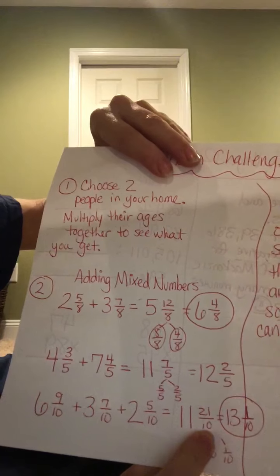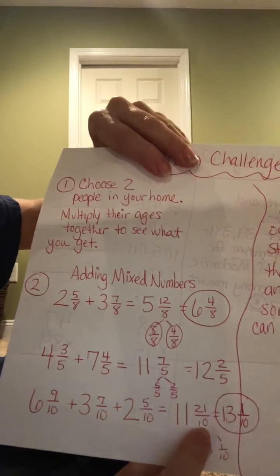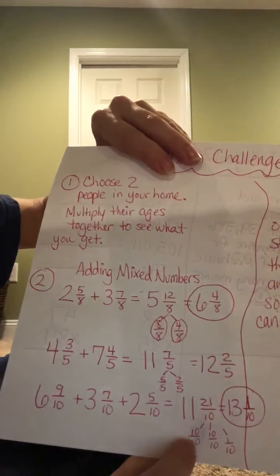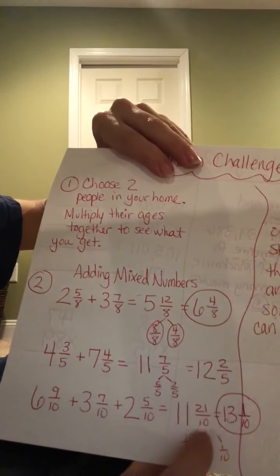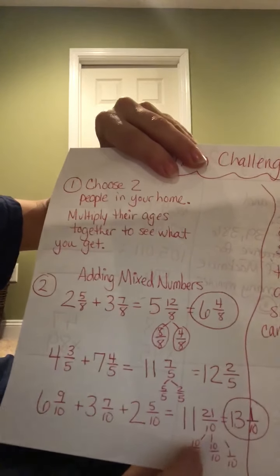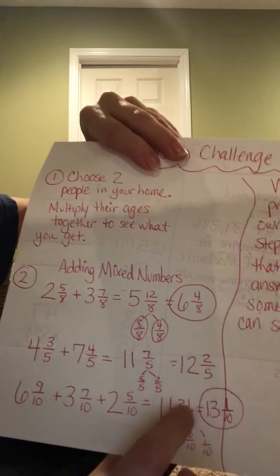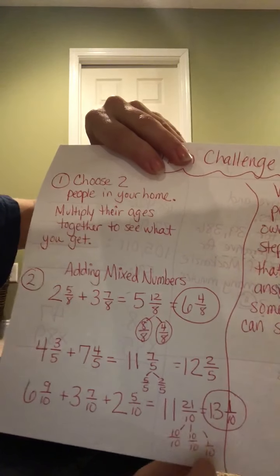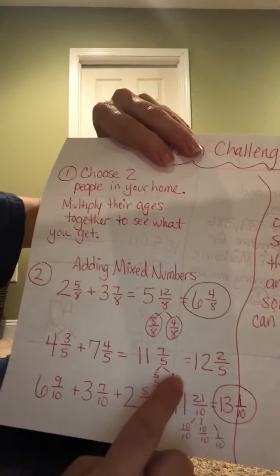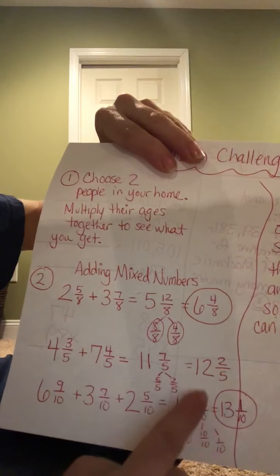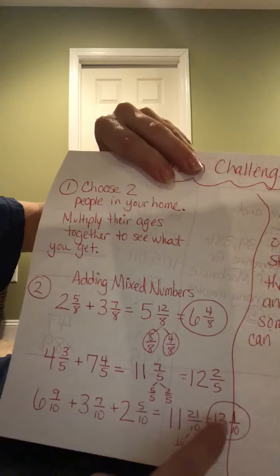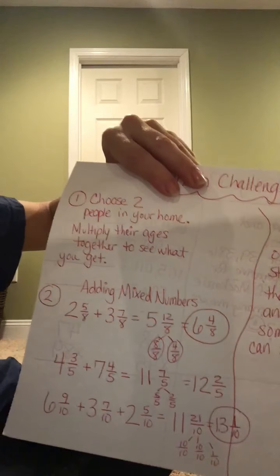So this problem, the whole is 10. So I take out 10 out of 10. Then I can actually take out another 10 out of 10. So 10 plus 10 gives me 20. I'm trying to get to 21. So the last piece would be 1/10. So I don't have 11 wholes. I have 12, 13. 13 wholes and 1/10.